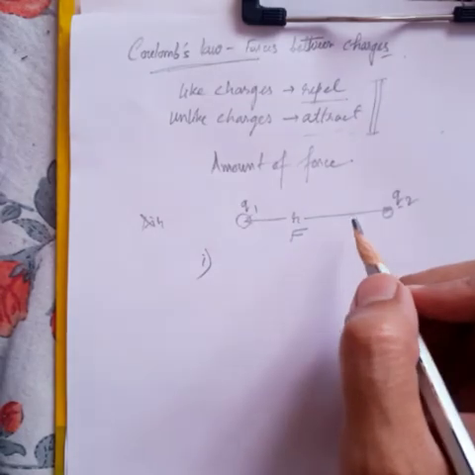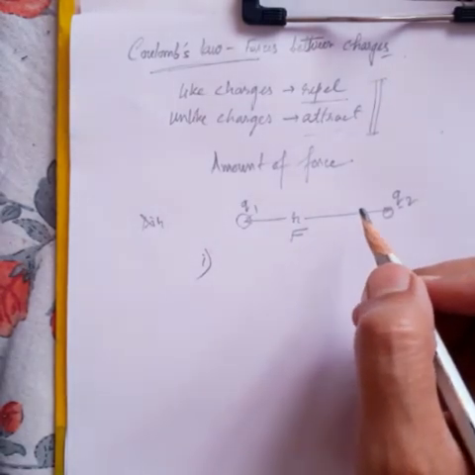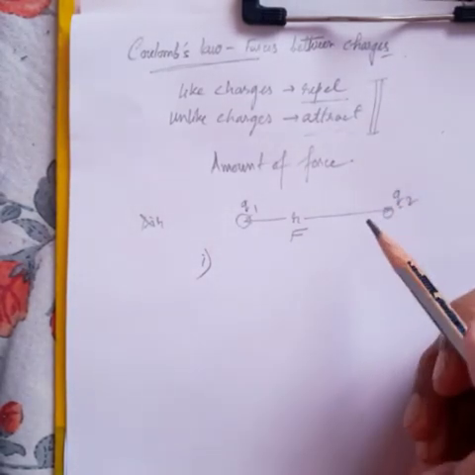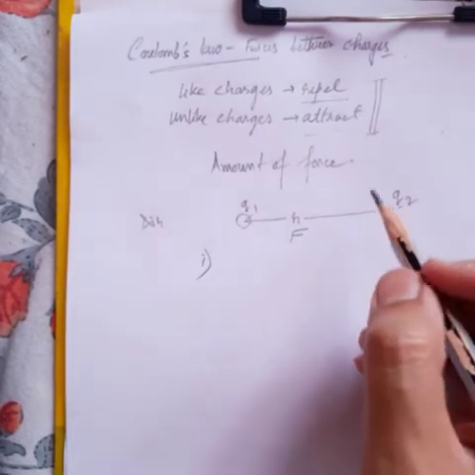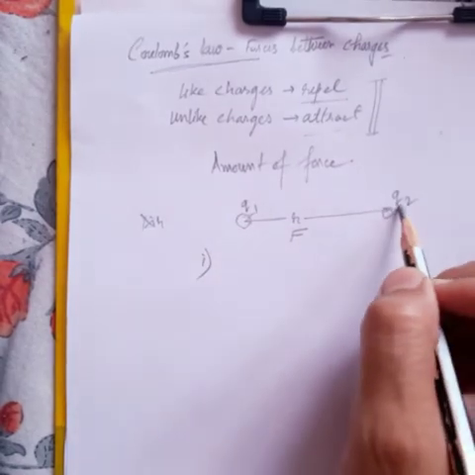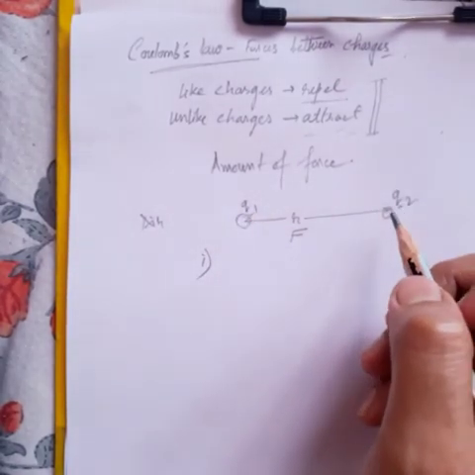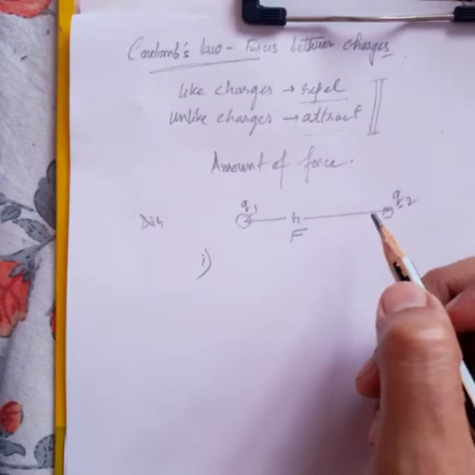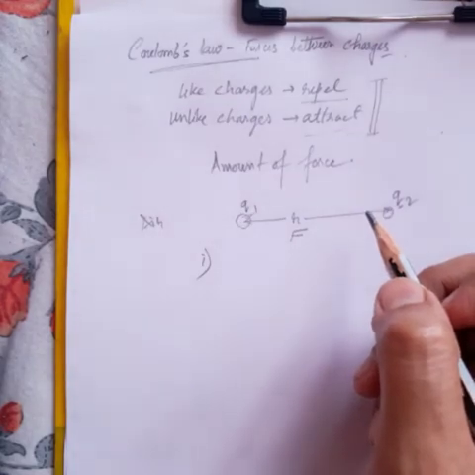We are still silent about the amount, and about the type of force that they are exerting on each other. We are not saying anything about repulsion or attraction, because these charges can be like charges or unlike charges. Any possibility is there.